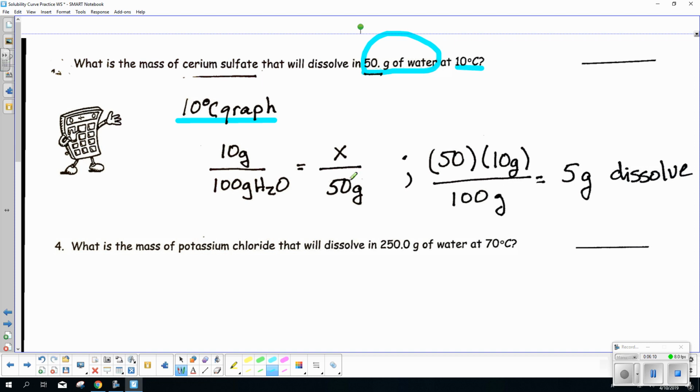If you have 50 grams of water, how much will dissolve? Cross multiply: 50 times 10 divided by 100, and you get about 5 grams dissolved in 50 grams of water. The amount of water changes the answer. The 10 grams at 10 degrees may be a little high, but if you use 11 grams, that's fine. It's all approximate from the graph.